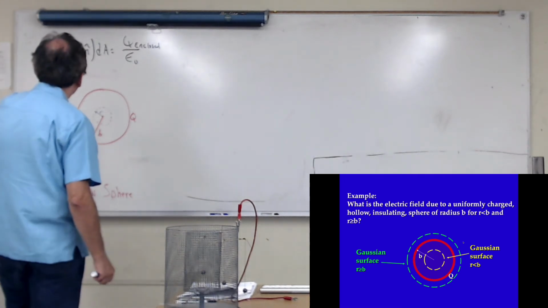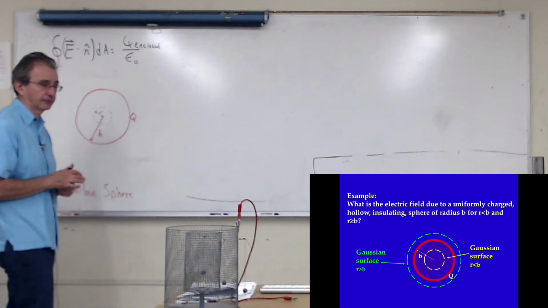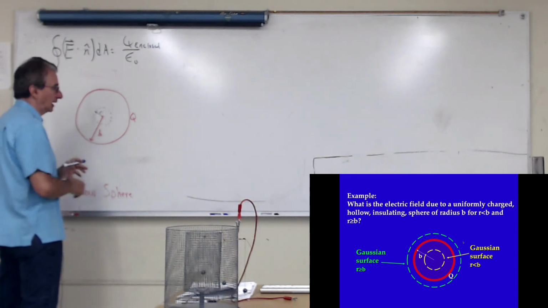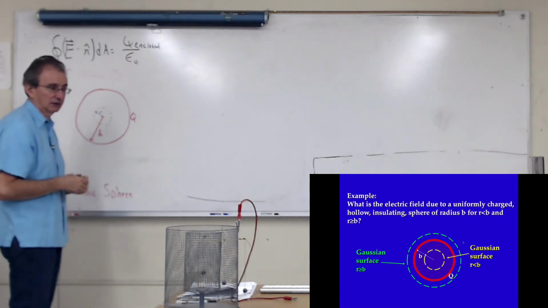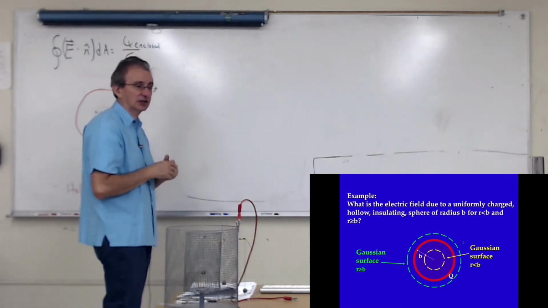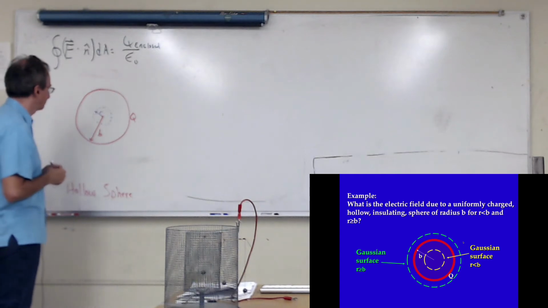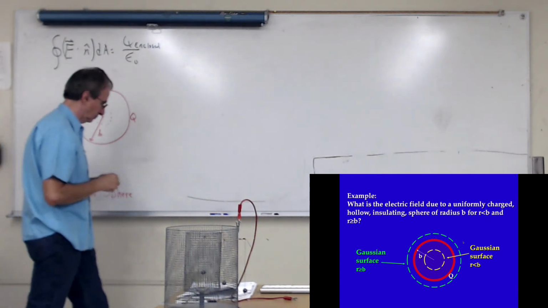And I want to calculate this integral inside the sphere. I know there's no charge inside here, and I know there's no charge outside here because that's how the problem stated. This thing is isolated and insulated. If there's no charge in here, then this integral is 0.